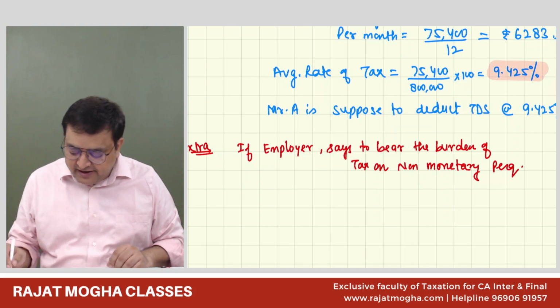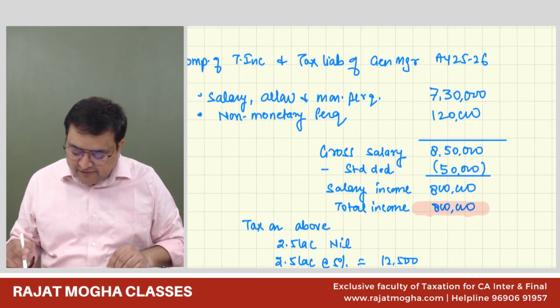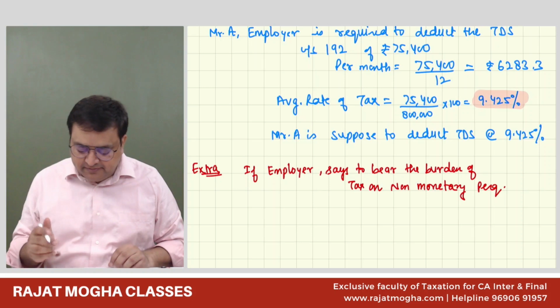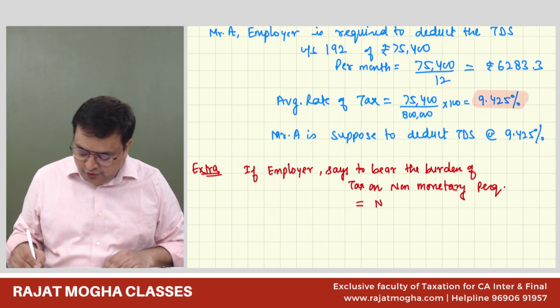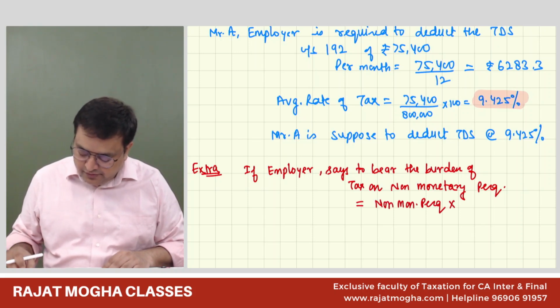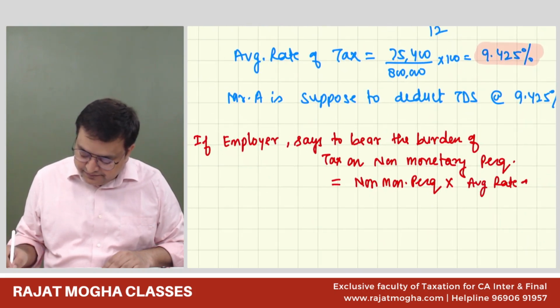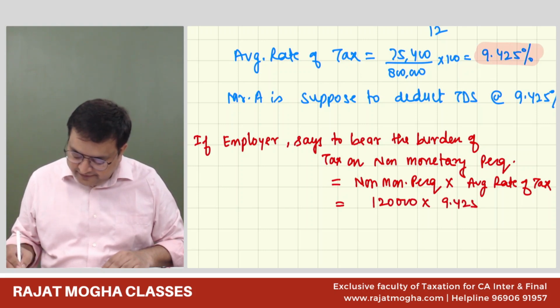We have the average rate and we have the non-monetary perquisites also. The non-monetary perquisites were 1,20,000, right? So he will actually bear this amount. So tax on non-monetary perquisite is equal to non-monetary perquisites into average rate of tax. So it would be 1,20,000 into 9.425%.